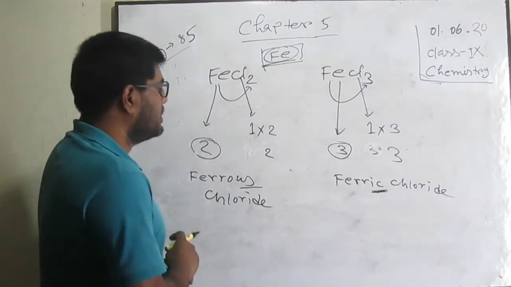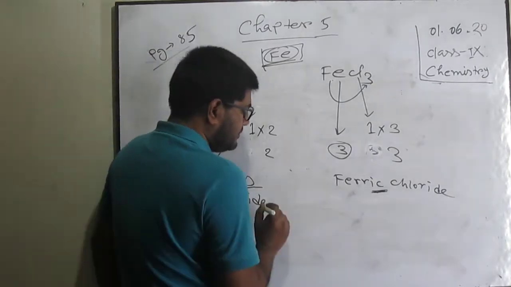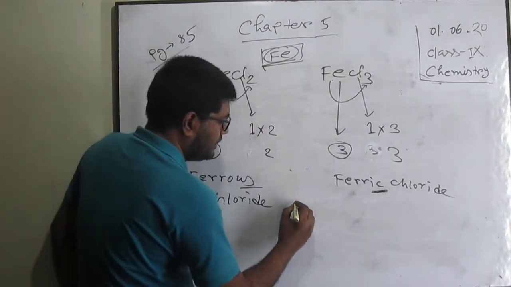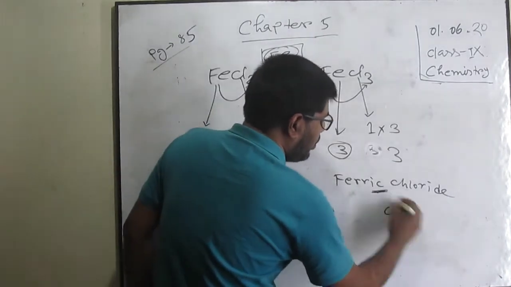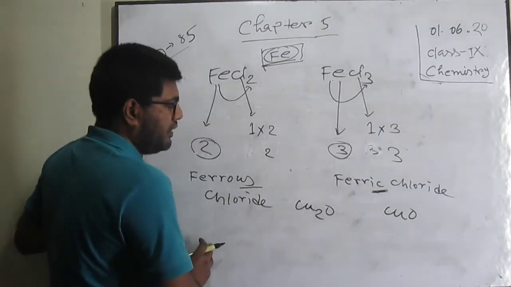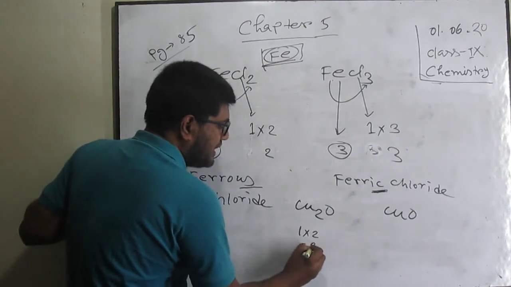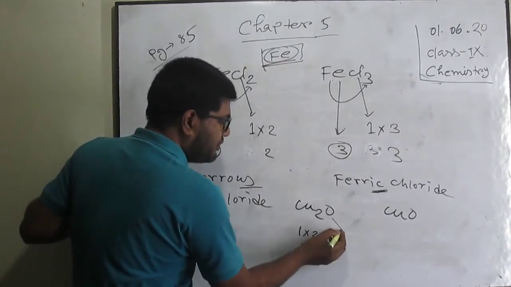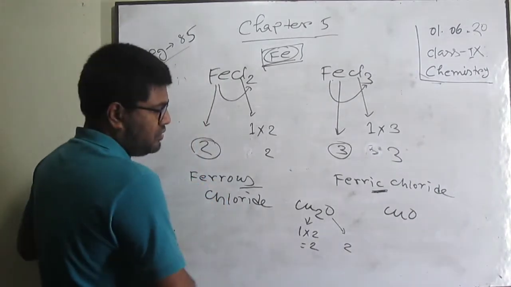Suppose I am giving you another example, like Cu2O and CuO. Here 2 atoms of copper donate 1 into 2, that means 2 electrons, and 1 atom of oxygen accepts those 2 electrons.